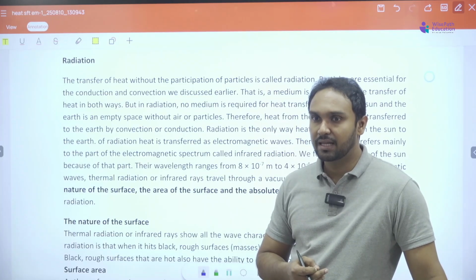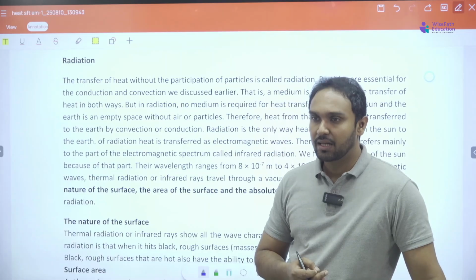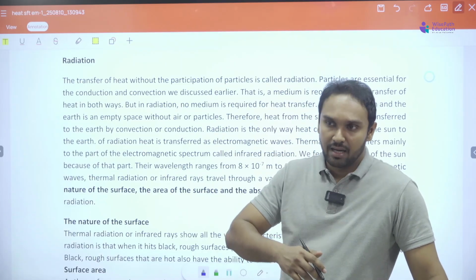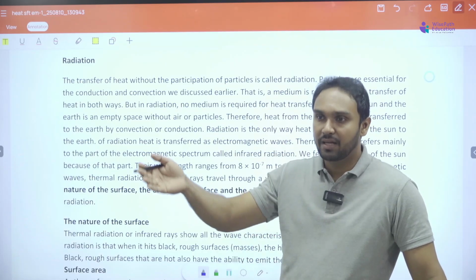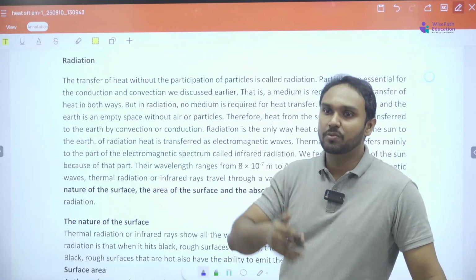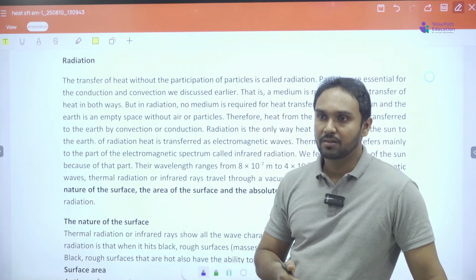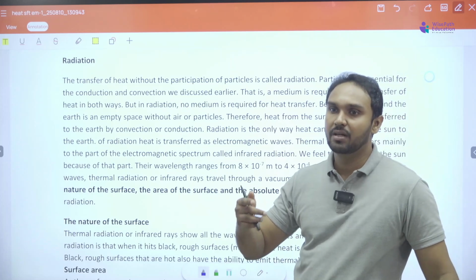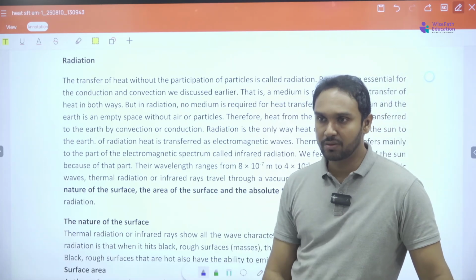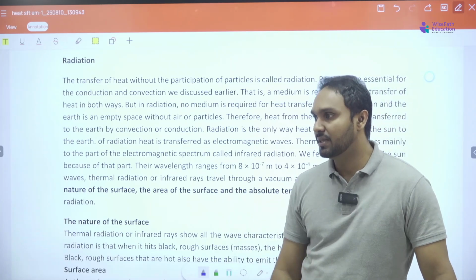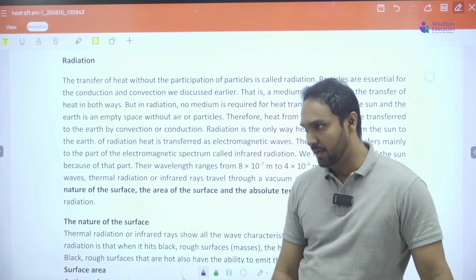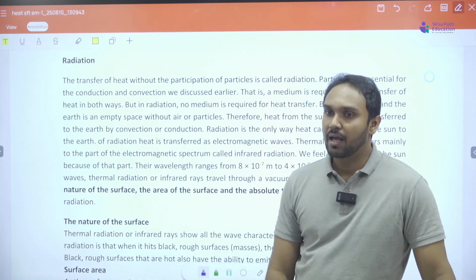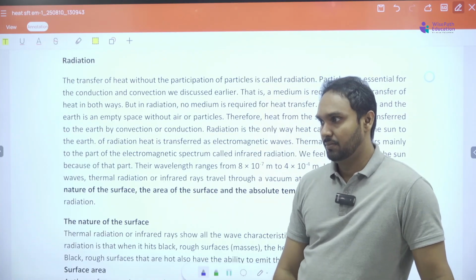Rate of radiation is rate of emission of radiation and rate of absorption of radiation as well. So two of the things are there, and both increase when the temperature difference is there, right? And the second thing is area.